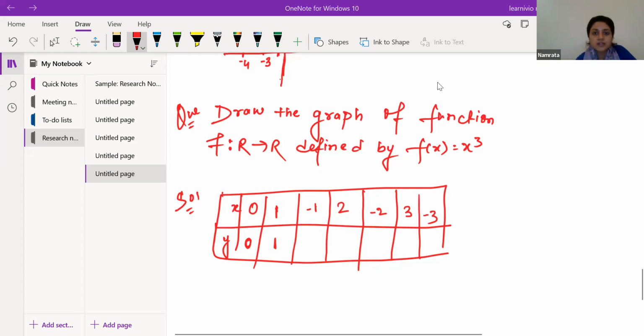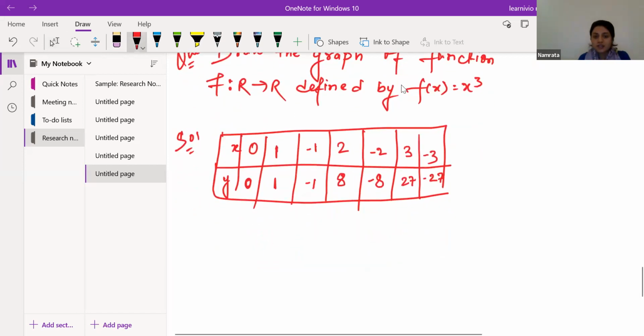Yes, it will be -1 only. When x is 2, y will be 8. When x is -2, y will be -8. When x is 3, y will be 27. When x is -3, y will be -27. Now let's plot it.